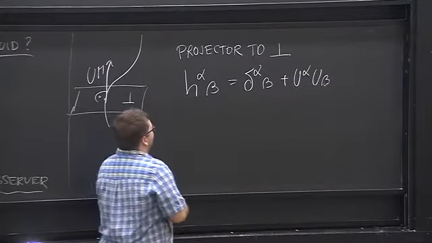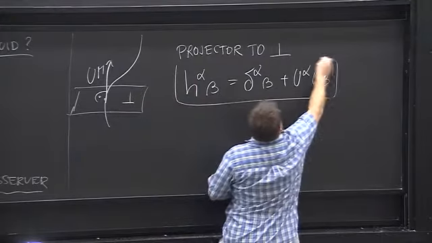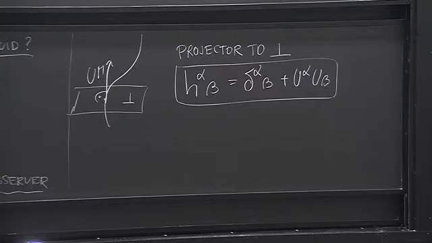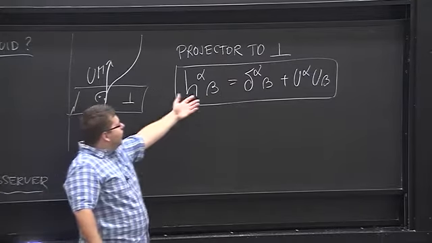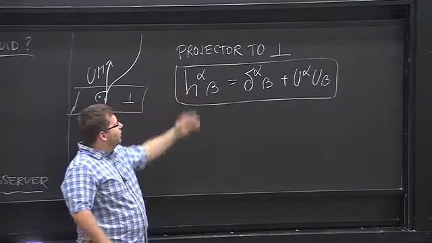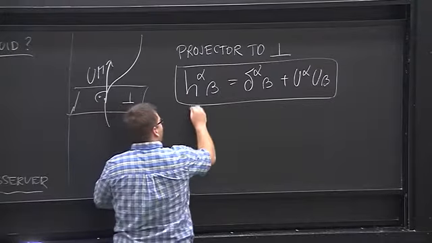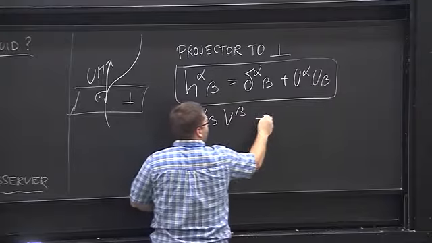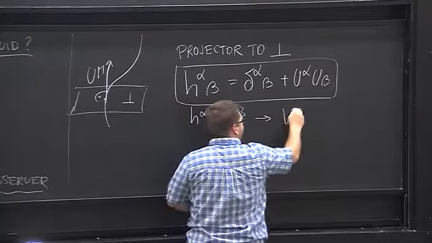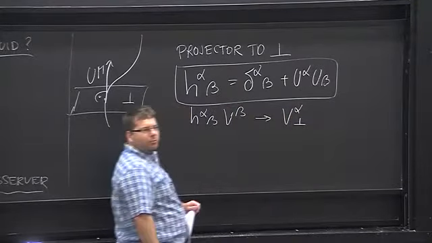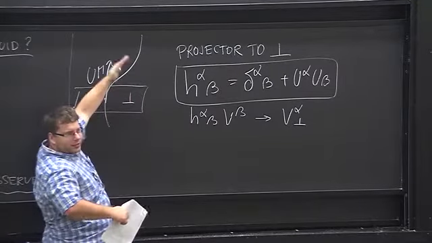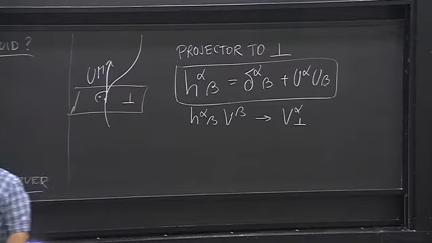Okay, so that's the statement. This object is a projector to my perpendicular space, and what it means is that if I act this object on, let's say, a vector, so if I do H alpha beta on some vector v beta, what you get is v alpha, but now this thing will have only the perpendicular part. So I really take whatever the vector I have, I just project it down to my orthogonal space.